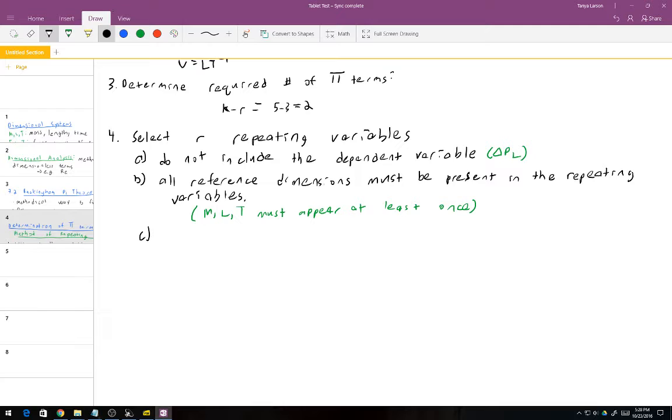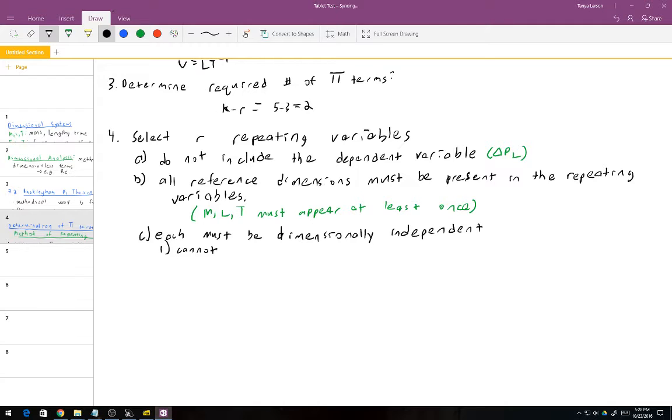C. Each must be dimensionally independent. What does that mean? We'll see that. What we mean by that is, can it be combined to form one?